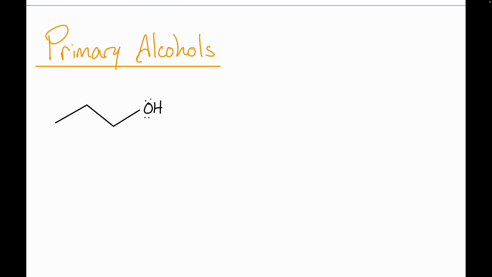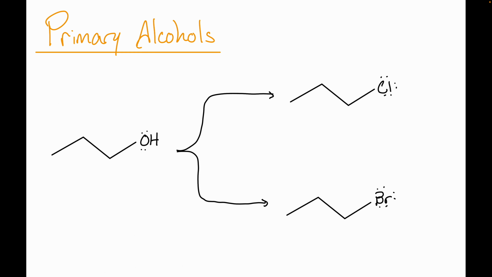But we're going to have to do some fancy reagents in order to do it, right? So now we're going to spend some money here on some efficient reagents. All right, the one that we would use for our alkyl chloride is what's called thionyl chloride, SOCl2.